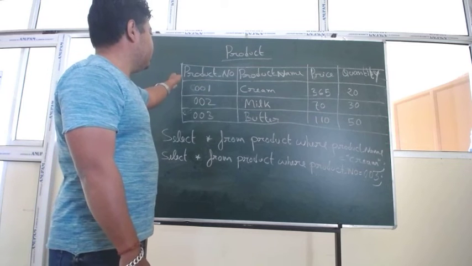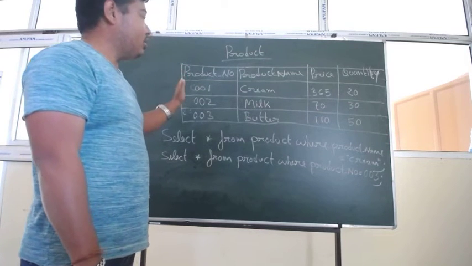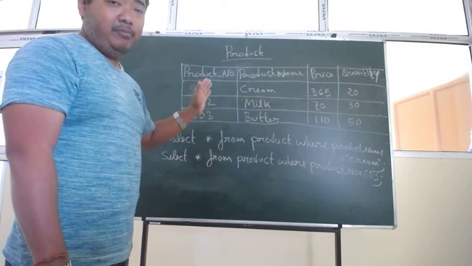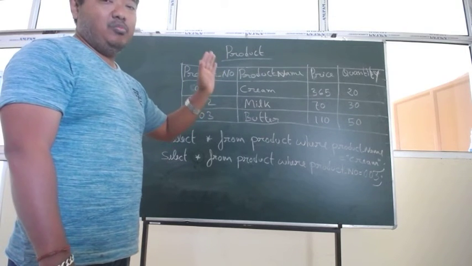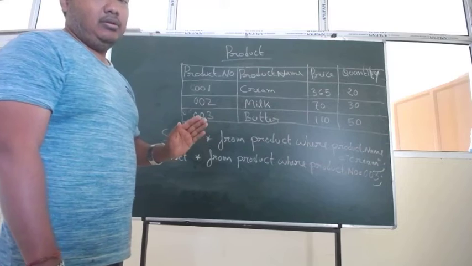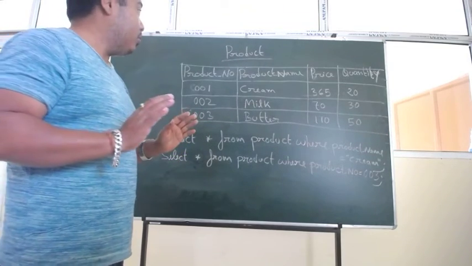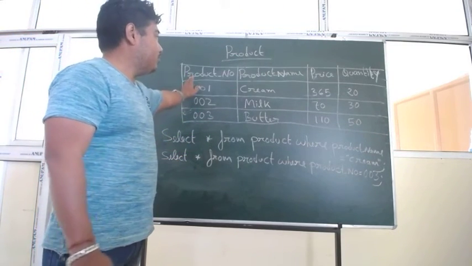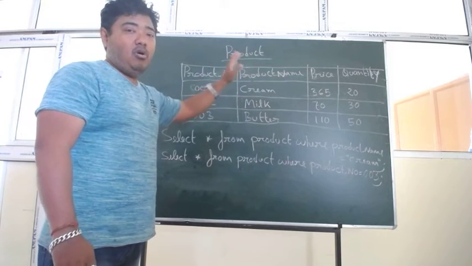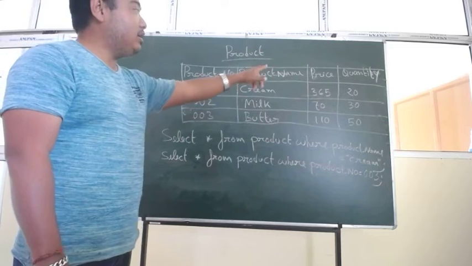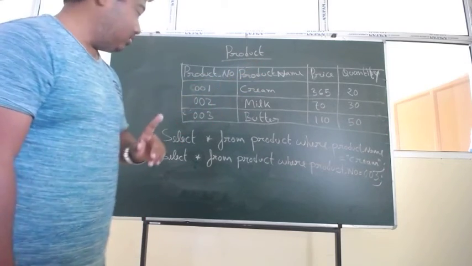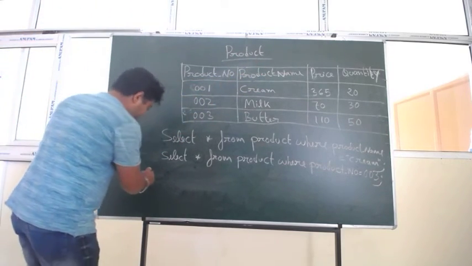I want to see only the product norm and the product name of the records where quantity is more than 20. Now all records I don't want. So now how I will write?